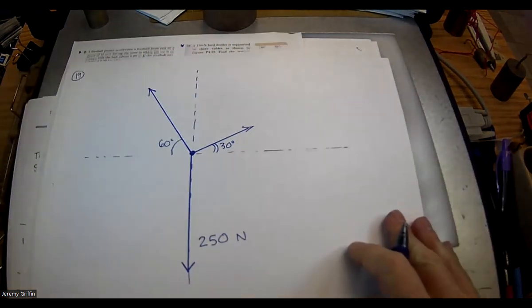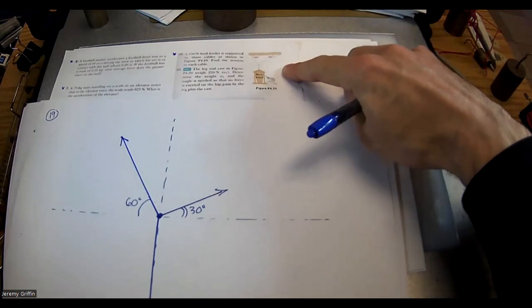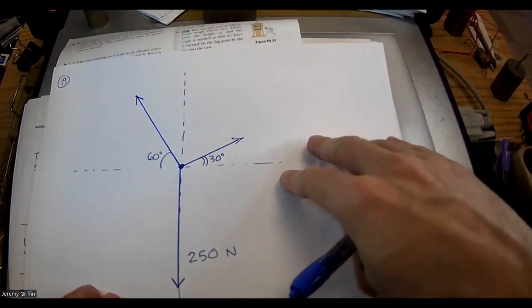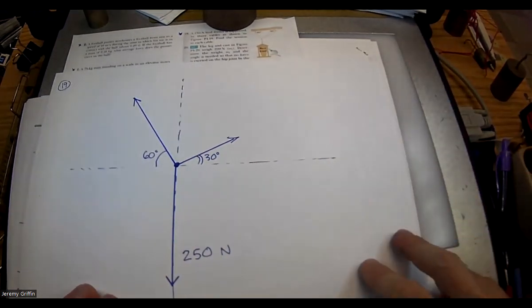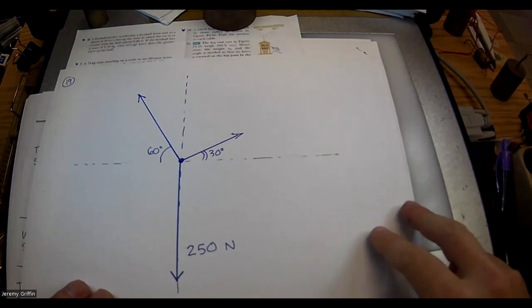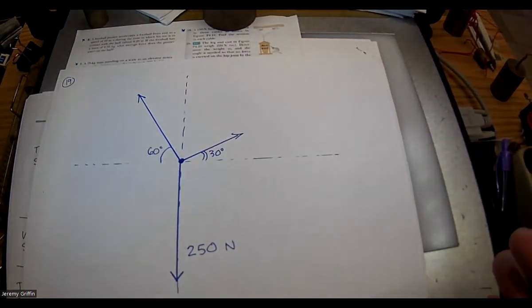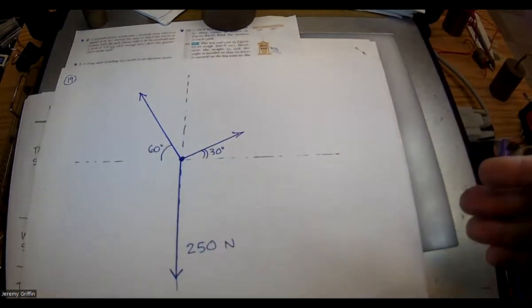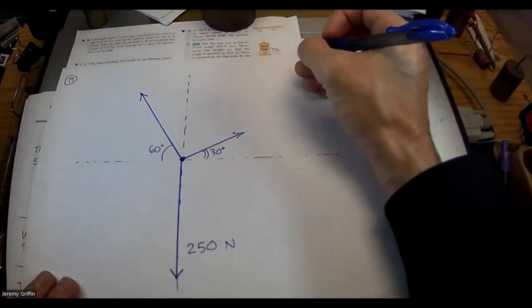Is that okay so far? You can look at the setup and then translate it to this free body diagram. We're looking at the point where all the ropes come together. So this bird feeder would be in equilibrium, which means that all the forces balance out. I've already introduced the Cartesian system, which is going to be the framework to help solve this, because we're going to say what's going on in the x direction and in the y direction. Remember, equilibrium.